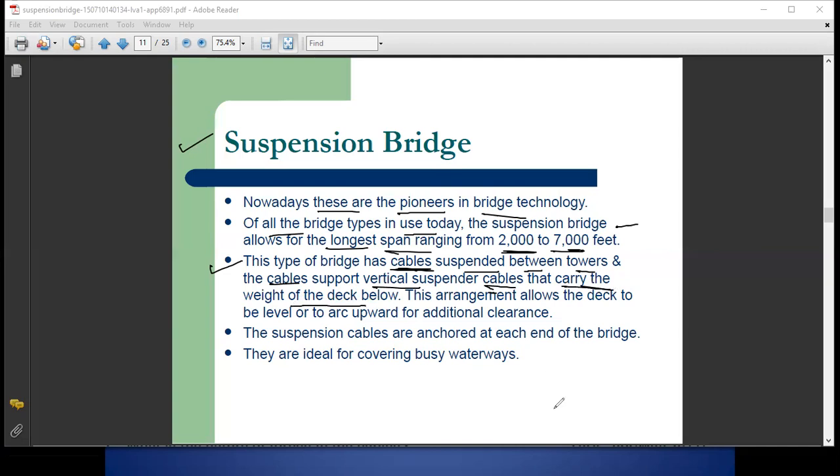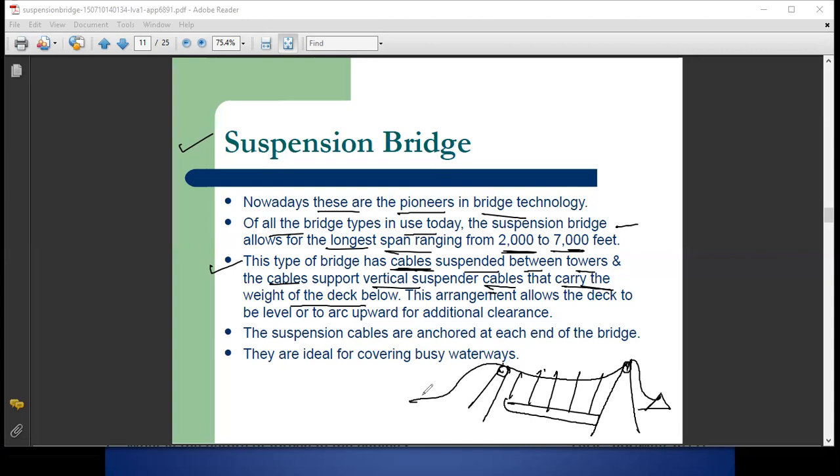So whatever the deck slab is there, suspenders are there, they are connected to the suspension cable. Suspension cables are passing through the towers, right? Passing through the towers, and on another side it will anchor.